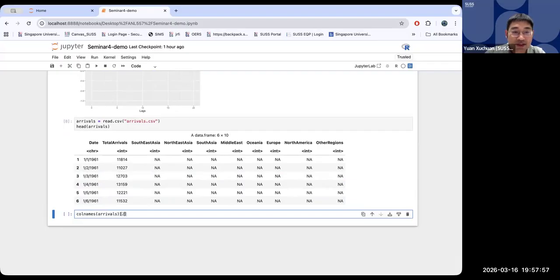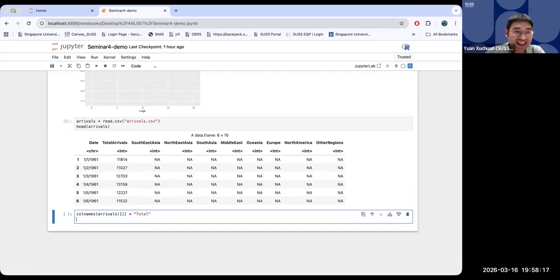We change it to total, right? I remember total is easier to use, okay?